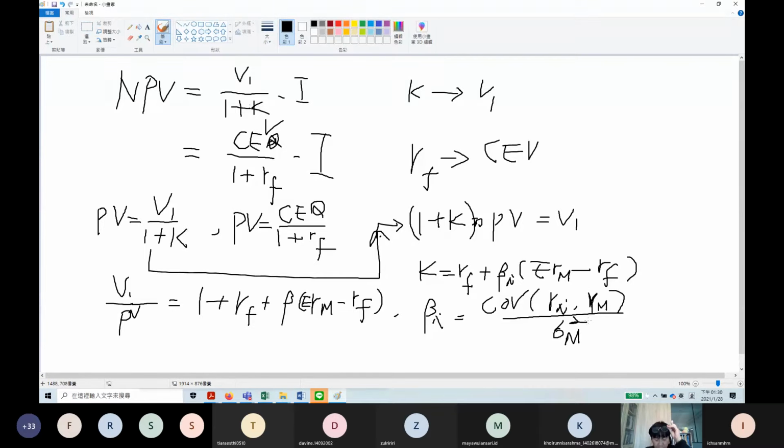So Ri here is this one: V1 divided by PV minus 1, right? So Ri is this one.